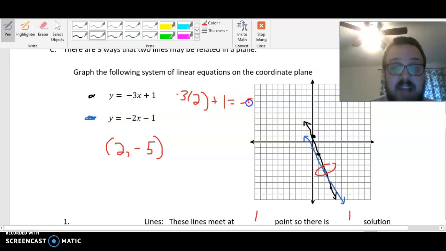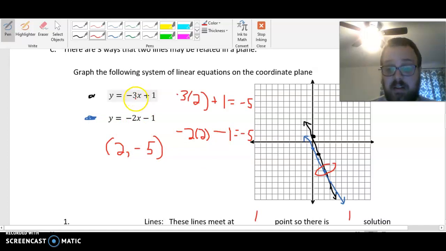So that satisfies the first equation, and I know my answer is correct. I then check the second equation, -2 times 2 minus 1, and that also equals -5. That also makes this equation true. So this point satisfies both of them. It is the solution to our system.